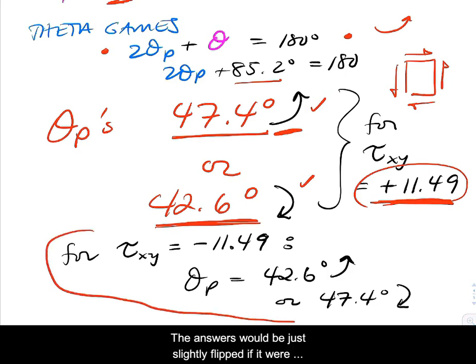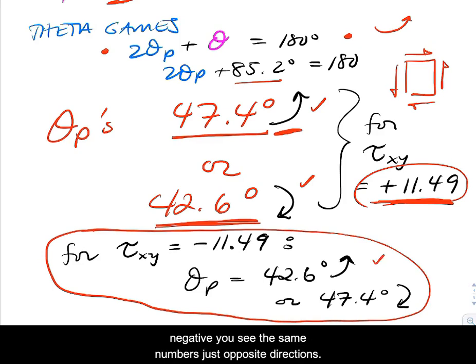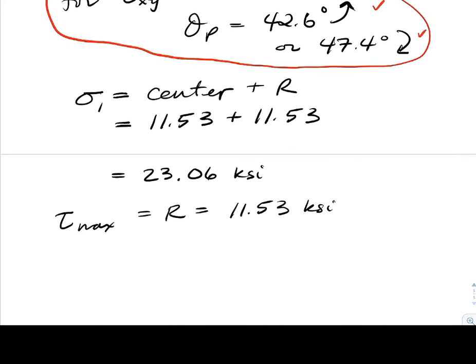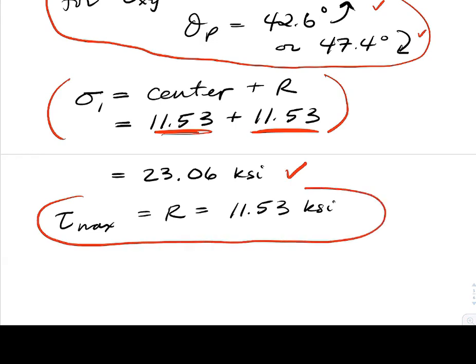The answers would be just slightly flipped if it were negative. You see the same numbers, just opposite directions. And although we've basically done it, right, sigma 1 would equal the center plus r. So there's the center value, there's the r value, giving us a principal stress of 23.06, and a maximum shear stress would just be equal to r, 11.53.